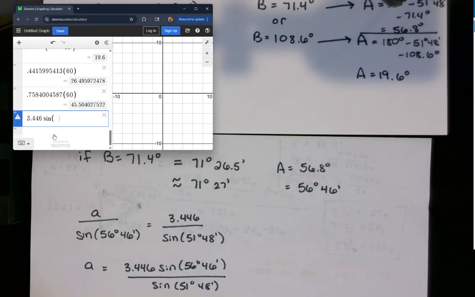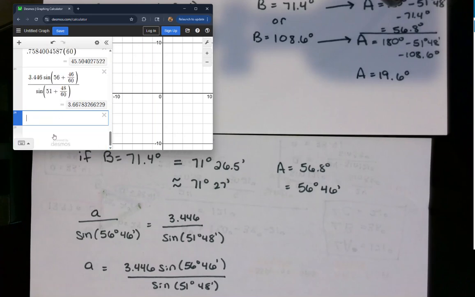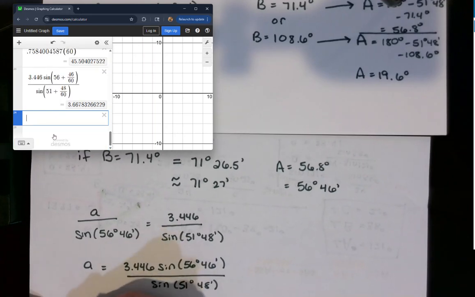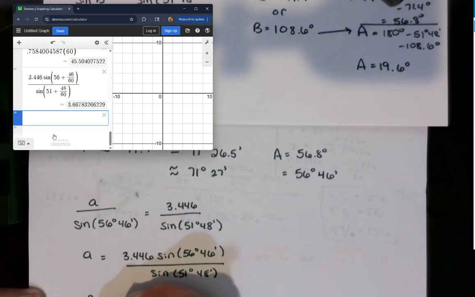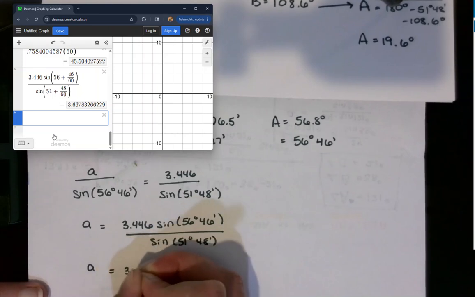So our sine of 56 degrees, 46 minutes, divided by the sine of 51 degrees and 48 out of 60 for 48 minutes. Oops, I was supposed to have a plus. Little a comes out as about 3.67.